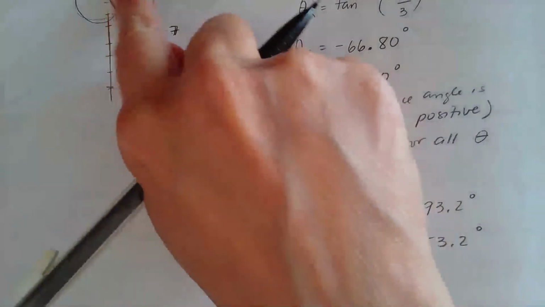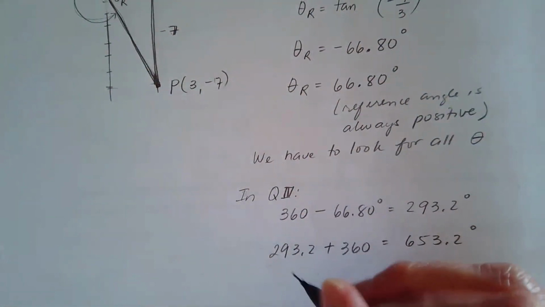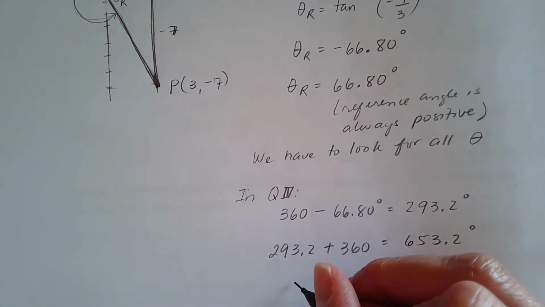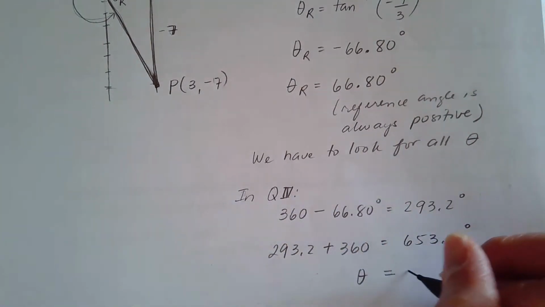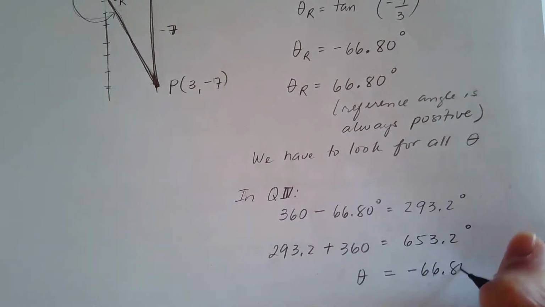What if we go the other way around? The other possibility is that theta is also negative 66.80.